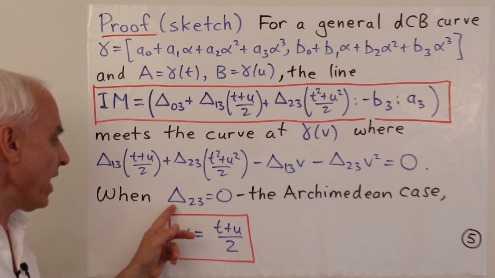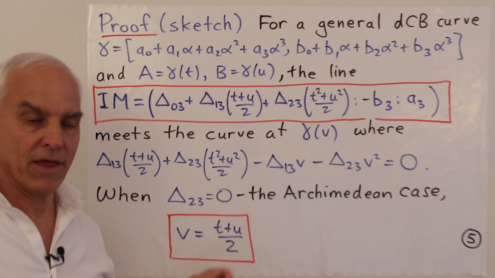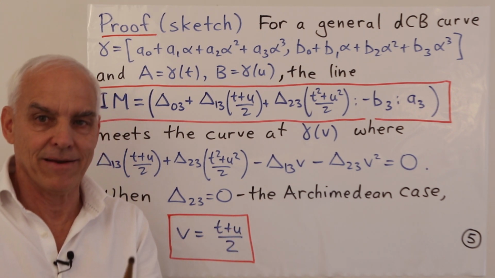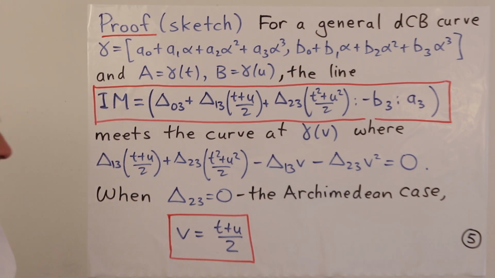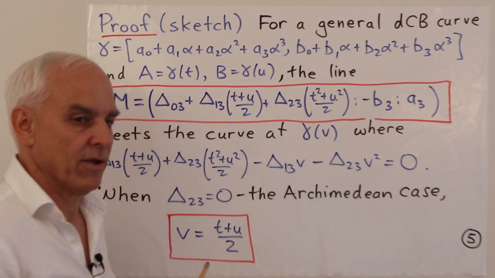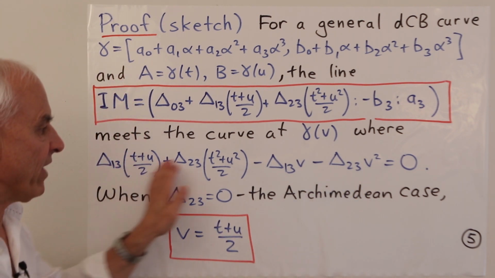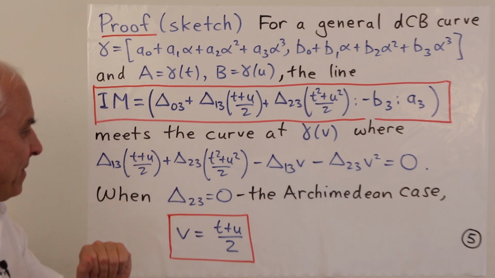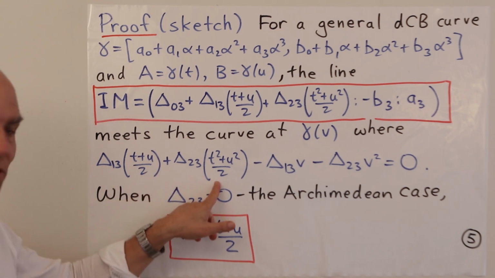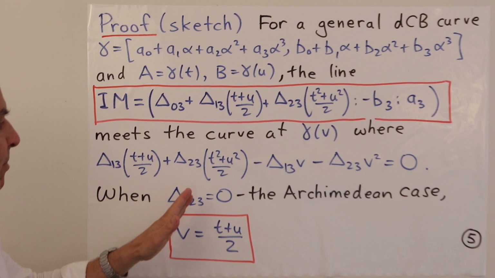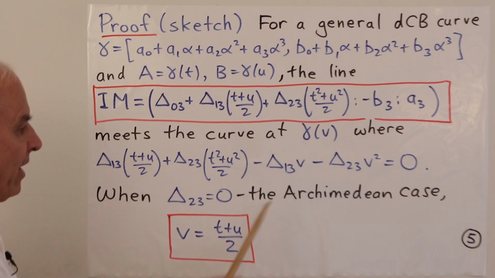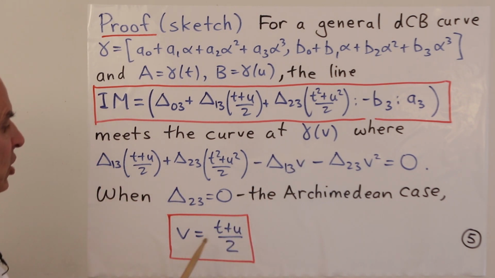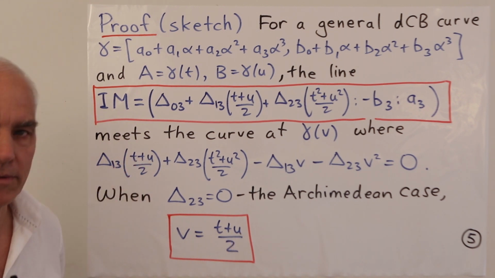Now, when delta 2,3 equals 0, in other words, when we're in the Archimedean situation, then this term happily is gone. And then we have a linear equation in v, and this term here is also gone. So it becomes actually very simple. The delta 1,3's cancel, and we immediately see that v is t plus u over 2.